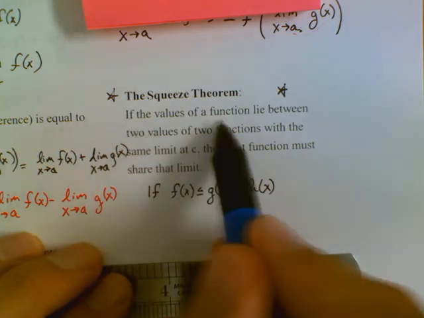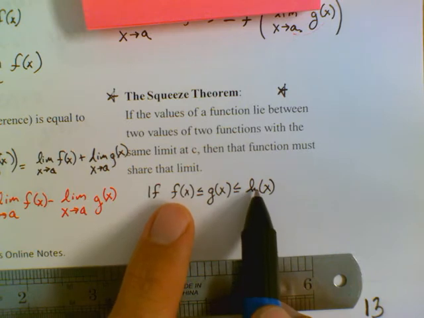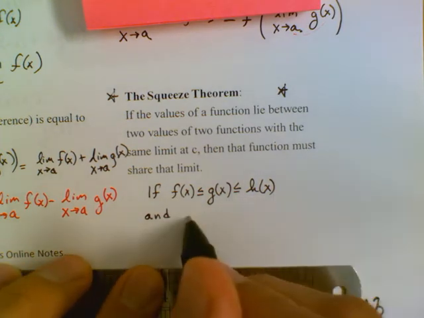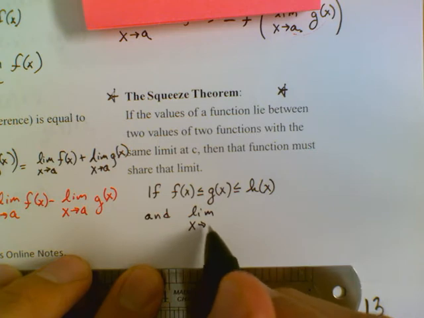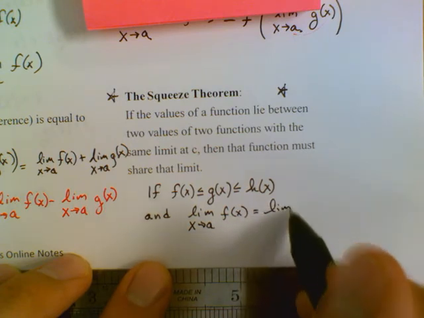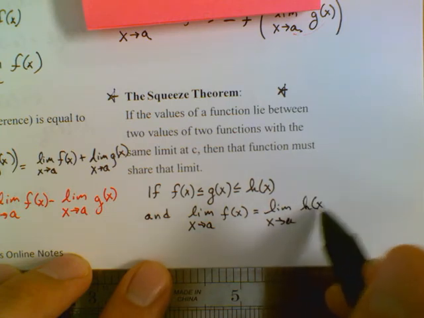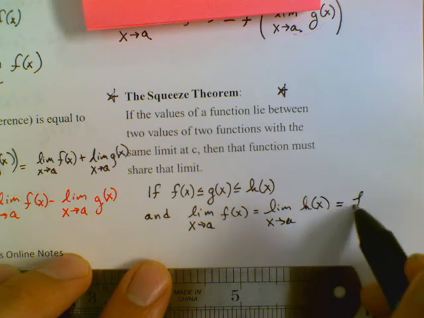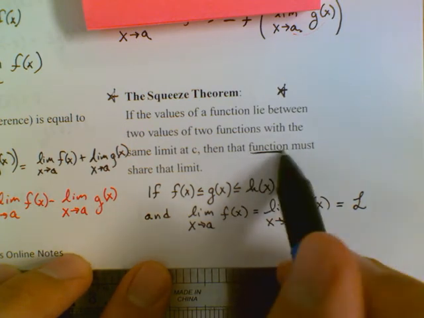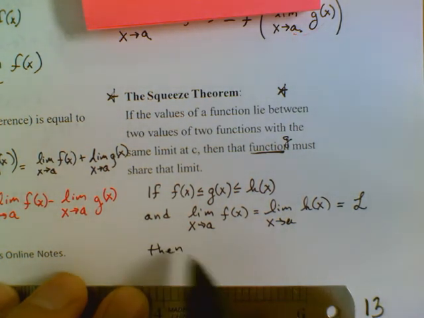If the values of a function, g, lie between the values of two functions, f and h, and the limit as x approaches a of f of x is equal to the limit as x approaches a of h of x, let's just say they're both equal to some limit, I'm going to write capital L, then that function g must have that limit.